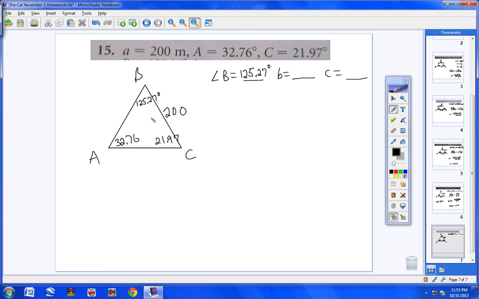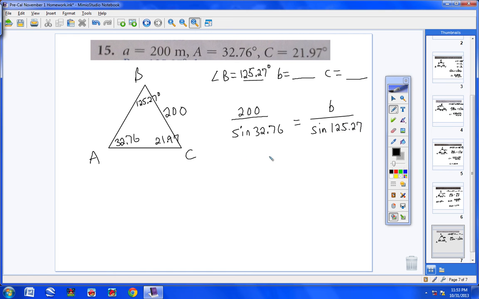Now let's go ahead and take our known pair that was given to us right here, and here's the pair that was given to us in the beginning. So I have 200 over the sine of 32.76 equals, and I guess we'll go ahead and find side B first. So side B over the sine of 125.27.